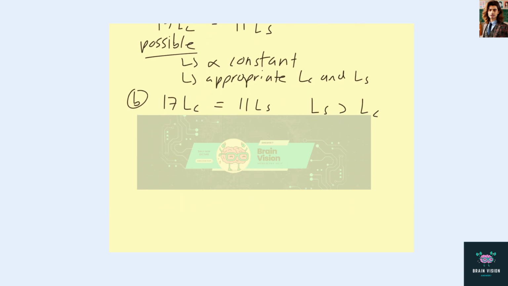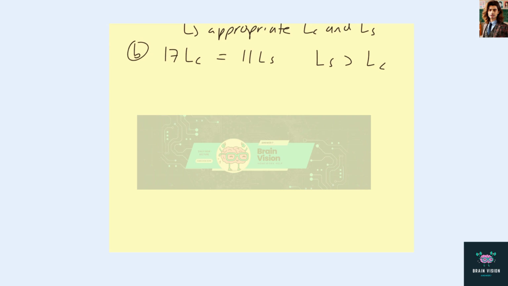So we can go one further and say that LS minus LC equals 5 centimeters. It's in the question that they're different. The difference in length is 5 centimeters. We can solve these simultaneous equations by plugging in this new value for LS.